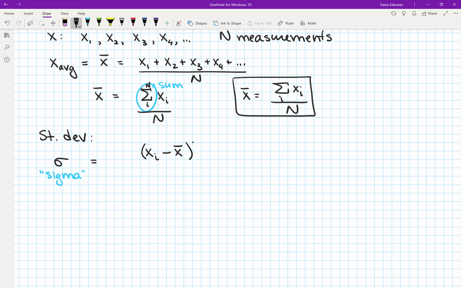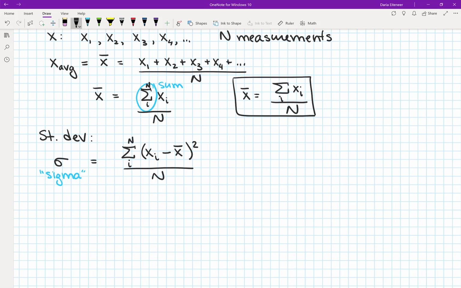We're going to square that difference, add all of those different values, or add all of those differences, okay? And then divide all of that by n.